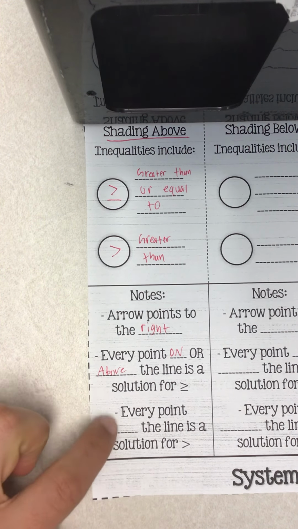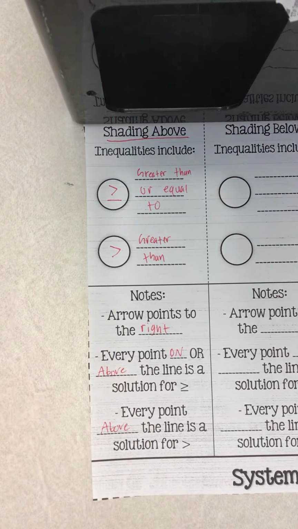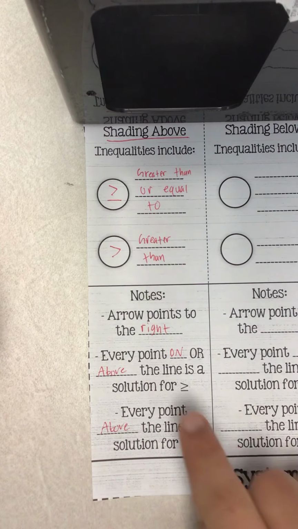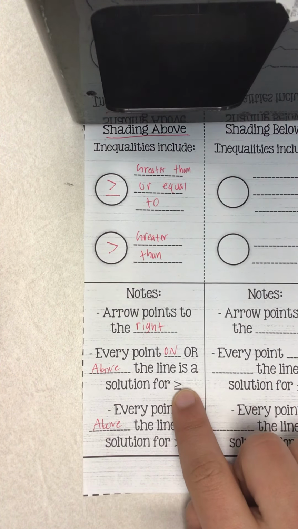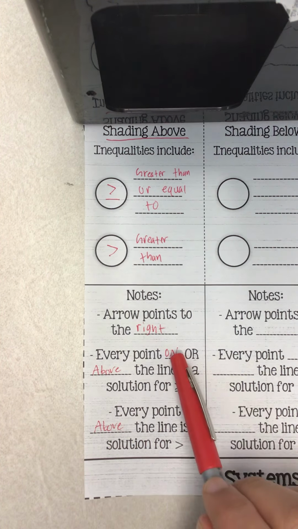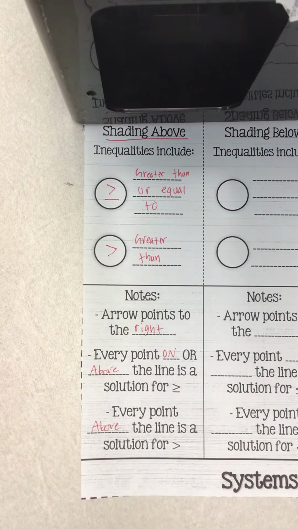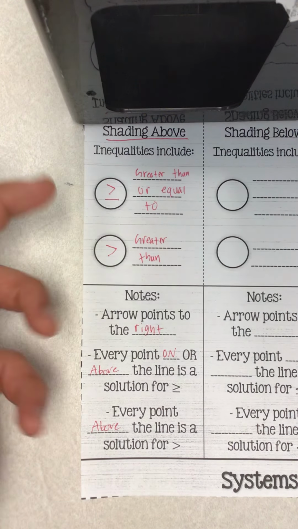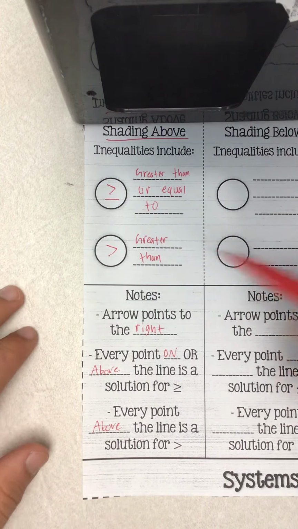Every point above the line is a solution for greater than. So the key thing to remember is, if we have a greater than or equal to inequality and a point is on the line, it is a solution. And obviously, if they're above, they're also solutions. We'll see what that means in a little bit. So that's my first area, shading above.